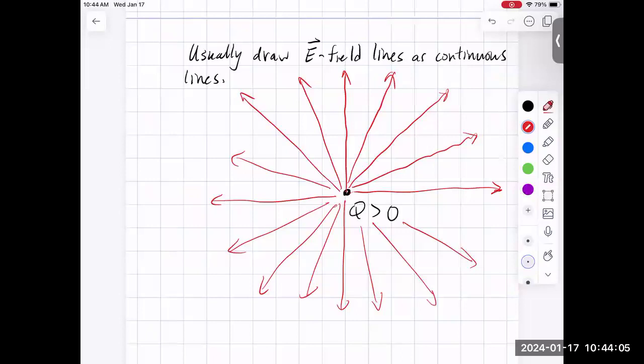When the lines are closely spaced, the electric field is strong. When the density is low, when there's lots of space between one line and its next neighbor, that means the electric field is weak.